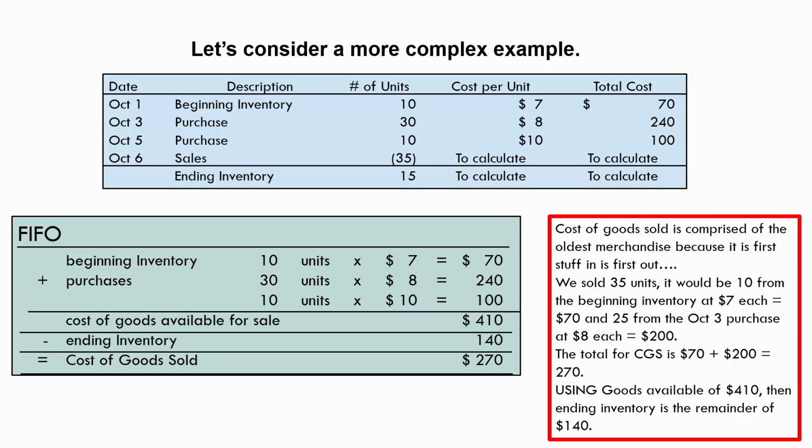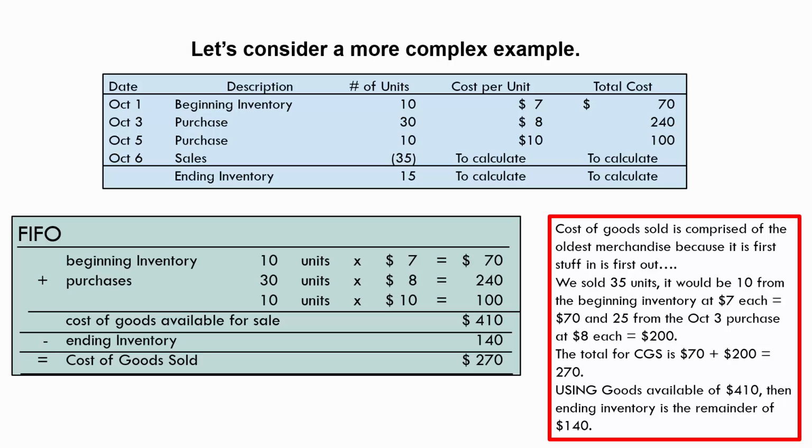If we were to use FIFO for this, and that would be the first one in is going to go out first, we would be looking to go back to our beginning inventory and use it up, and then use up our additional purchases in the order in which they occur to show up in cost of goods sold.